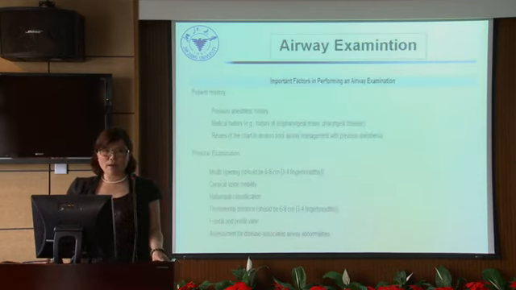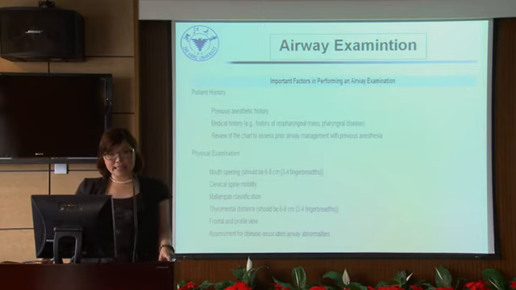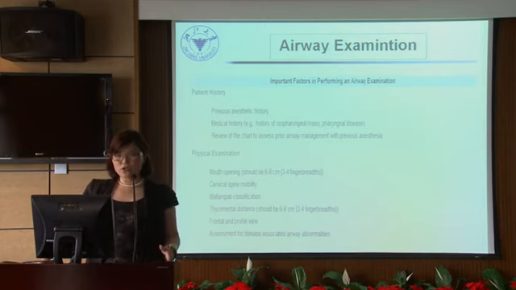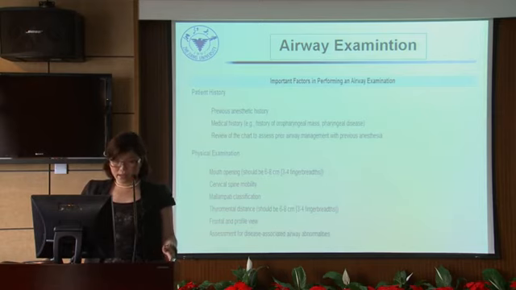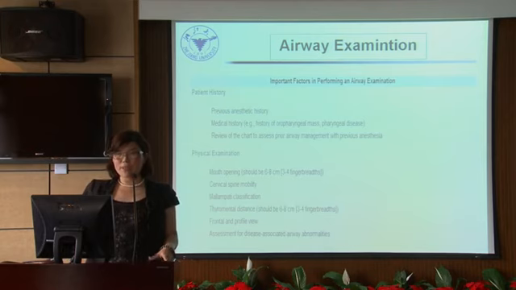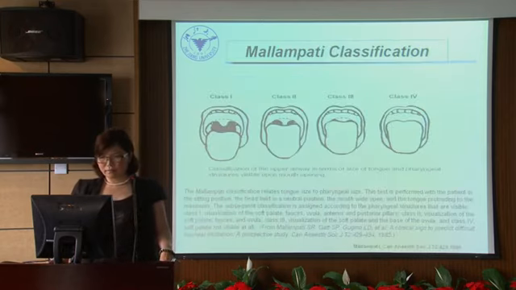For example, mouth opening degree usually should be 6 to 8 centimeters, cervical or spinal abnormalities, thyromental distance, and so on. And make sure if the patient exhibits a difficult airway.